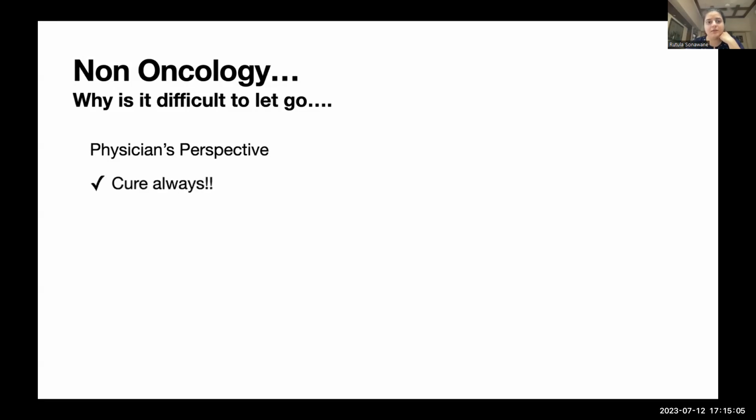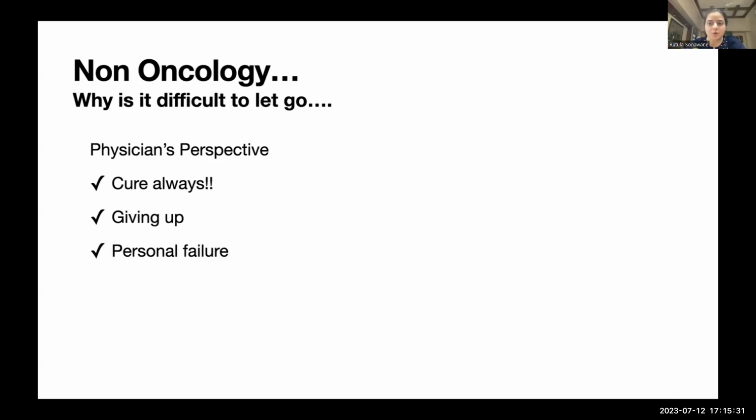Okay, so let's go in. Basically, the physicians always want to cure. They think, I'm giving the medicines, they will get better. There is no need for any other input from anyone else. Then they feel like they'll be giving up on the patient, and that percolates into being their personal failure.